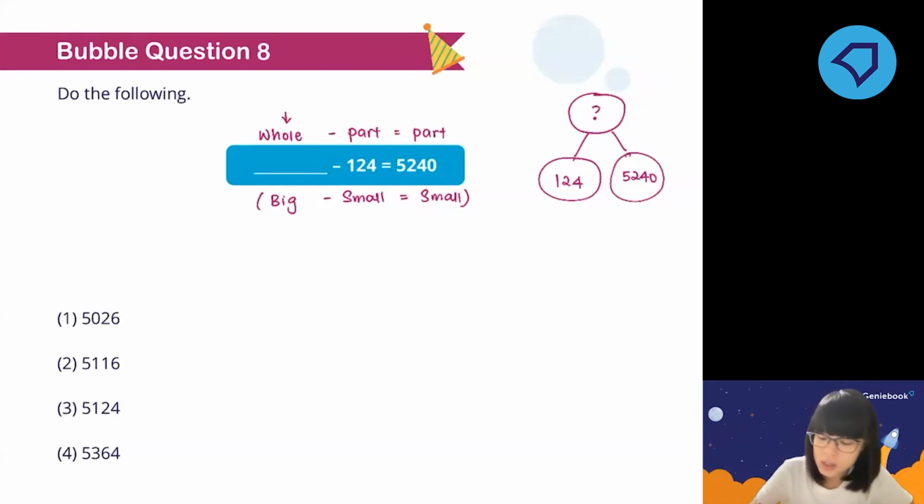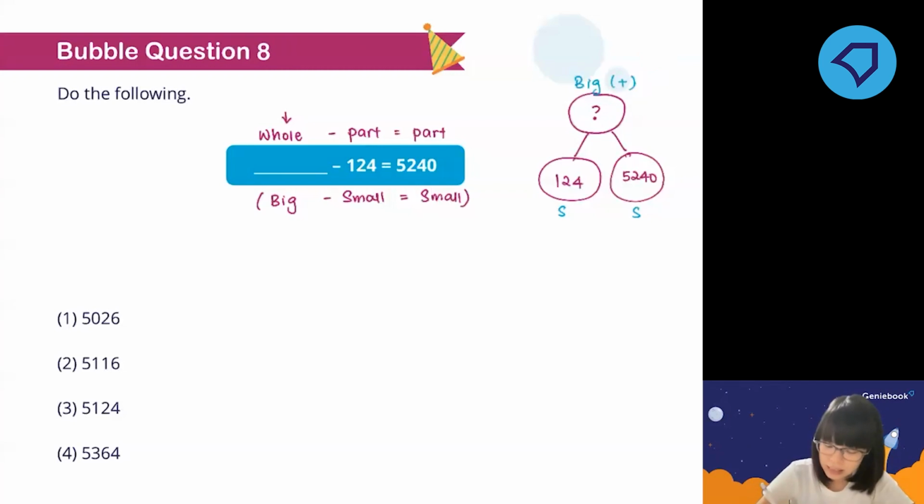Addition, correct. So in order for you to find the value of this big number, you need to add these two small numbers together. In other words, I can say this big number can be split into two small numbers. So in order for me to find a big number, I need to add the two small numbers together. In order for me to find one of the small numbers, I need to take the big number minus the other small number.